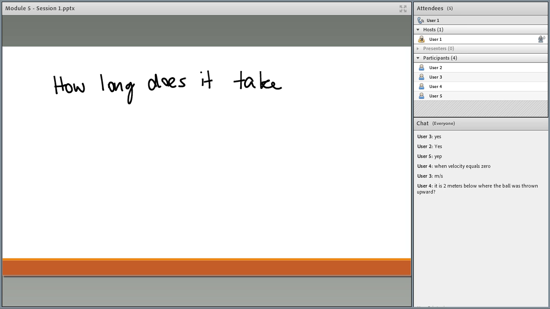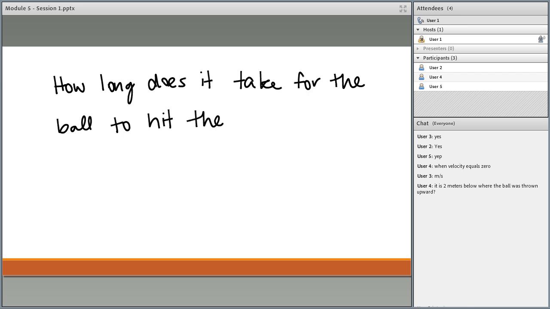Very good. So the ball initially starts at 2 meters above the ground. So what's the height on the ground? Sorry, just rewriting the question. Well, here's the ground.